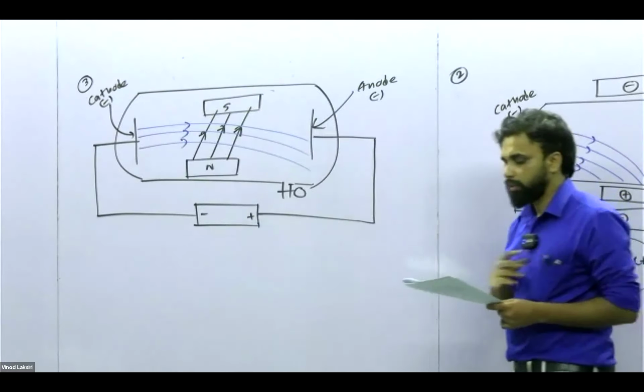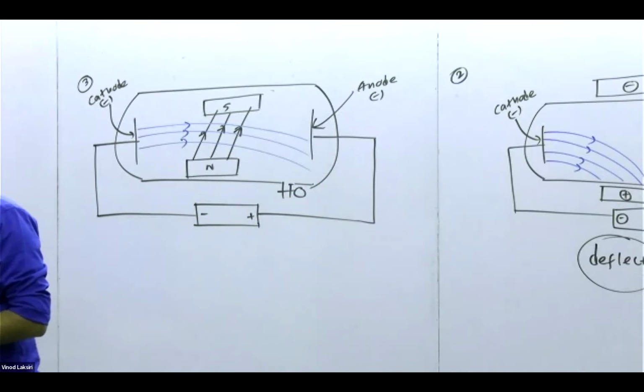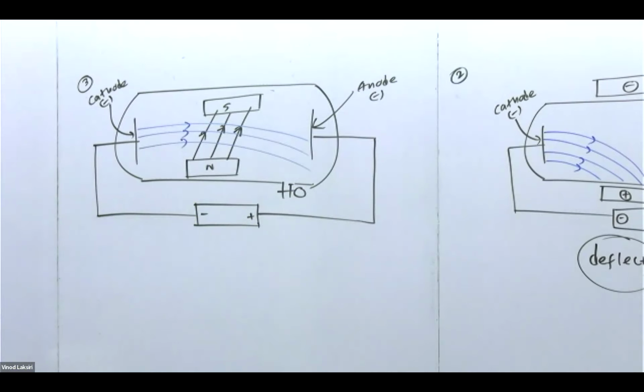It's the final conclusion. Okay, write down the third one. Cathode rays were passed through a magnetic field.